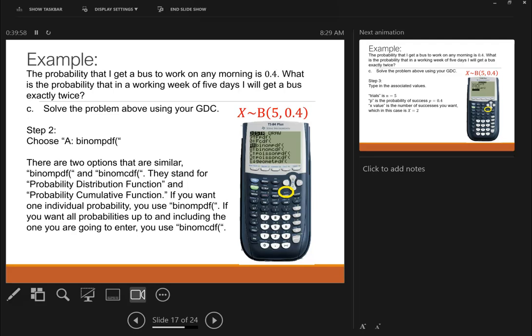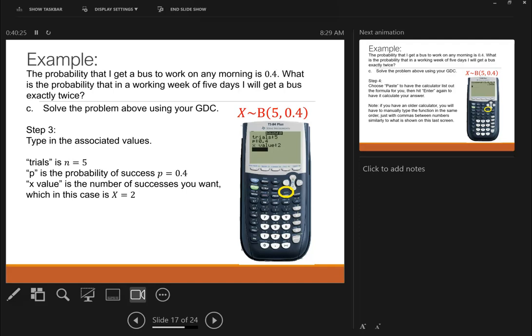If you're doing a probability where x is less than or equal to r, that is a CDF. So P is equals, C is less than or equal. Everybody's okay? So if we want exactly x, or catching the bus exactly twice, we want the PDF.